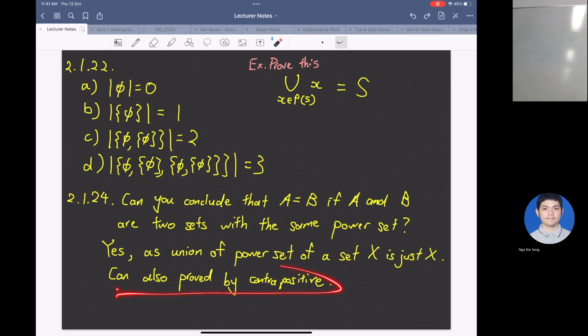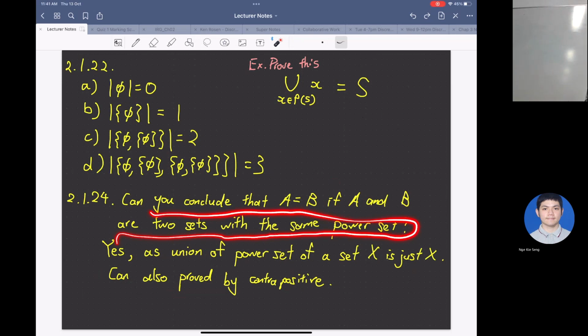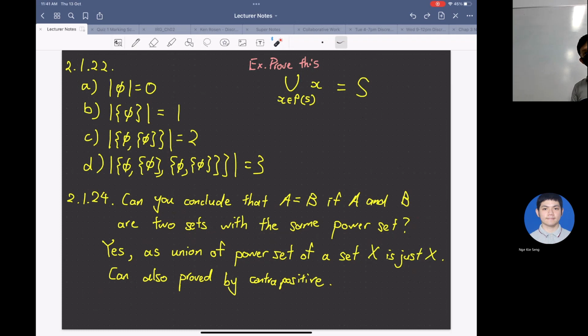Also you can prove by contrapositive. The statement is: if A and B are two sets with the same power set, then A equals B. So you can assume A is not equal to B, so they have different elements, and then you can produce different power sets. So proof by contradiction also works. Okay.